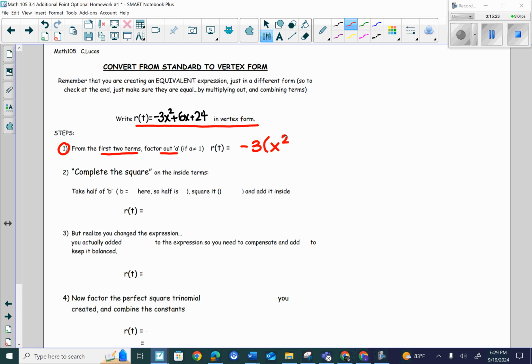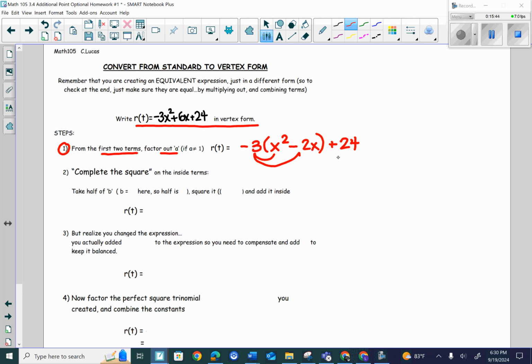We only factor that a term out of the first two terms. Notice you have to be thinking about distributing a -3 to x squared and a -3 to a -2. And then we leave 24 there.